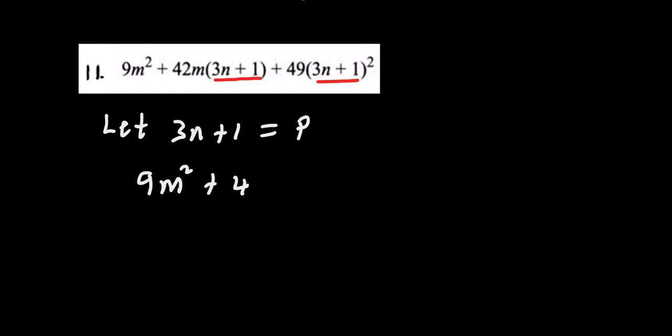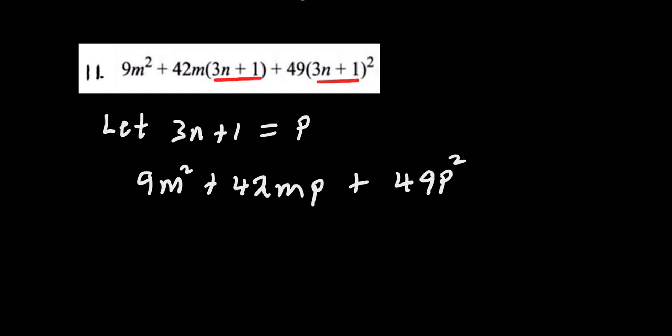So let 3n plus 1 be equal to p. Once that is done, the question automatically becomes 9m squared plus 42mp plus 49p squared.